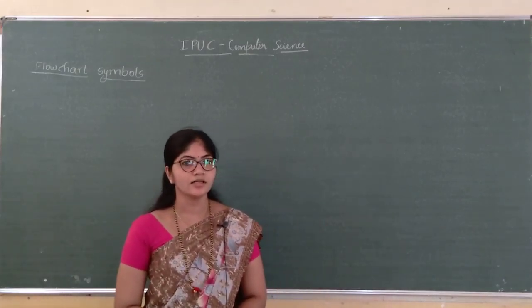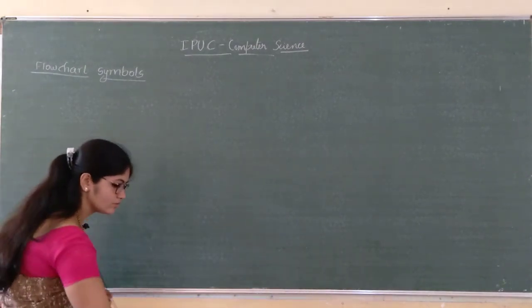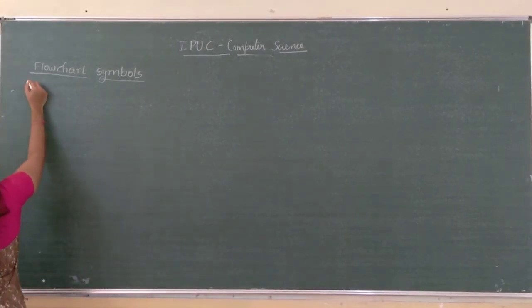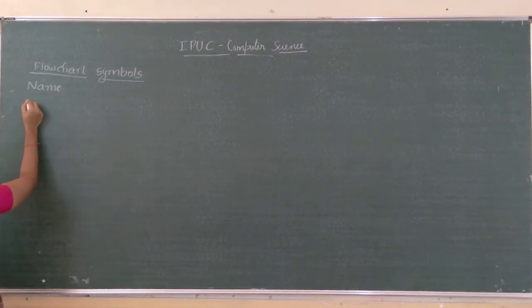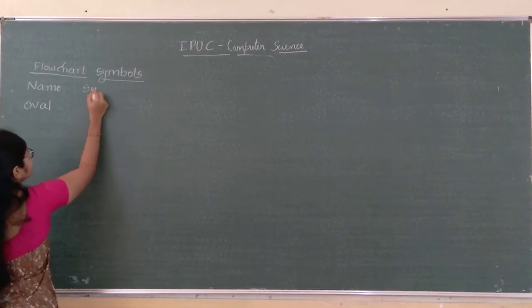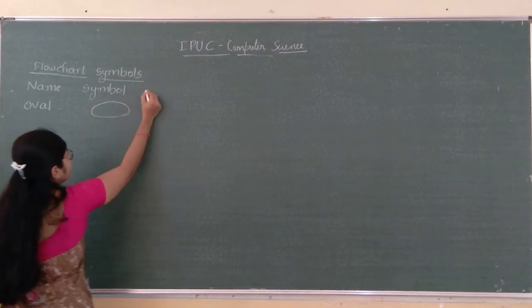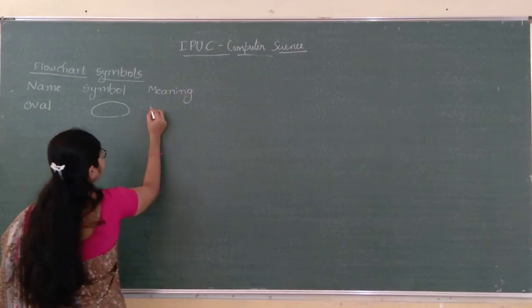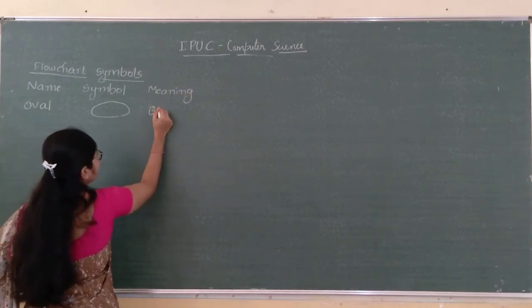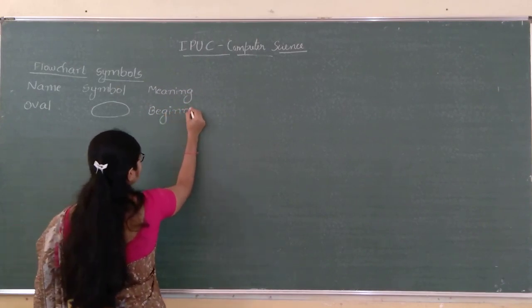Dear students, in the last class we have seen various symbols used in flowchart. Different symbols are: oval, meaning beginning or end. Oval specifies beginning or end of the flowchart.